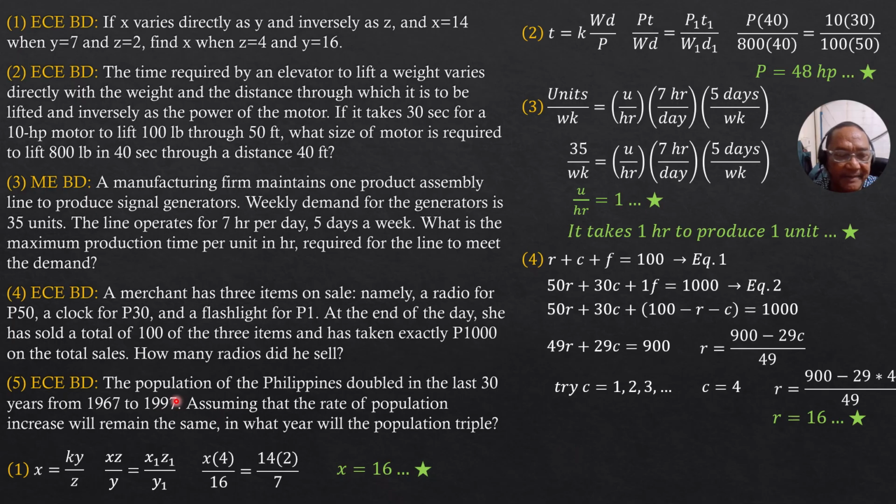Finally, number 5. The population of the Philippines doubled in the last 30 years, from 1967 to 1997. Assuming that the rate of population increase will remain the same, in what year will the population triple? So this is obviously a linear equation, linear variation of the population.